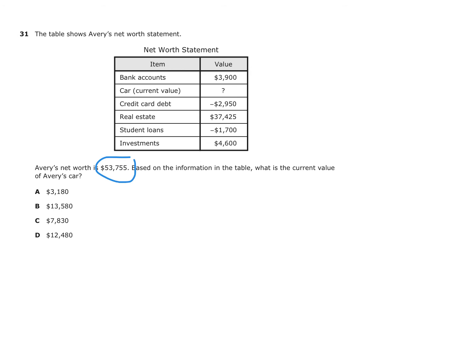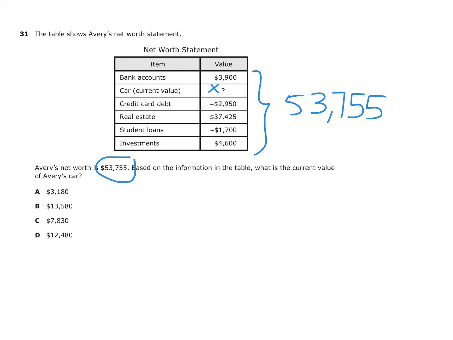So this is what we're looking for. We're going to call this X. When you add up all of these numbers together, they have to add up to the total net worth, which is $53,755.